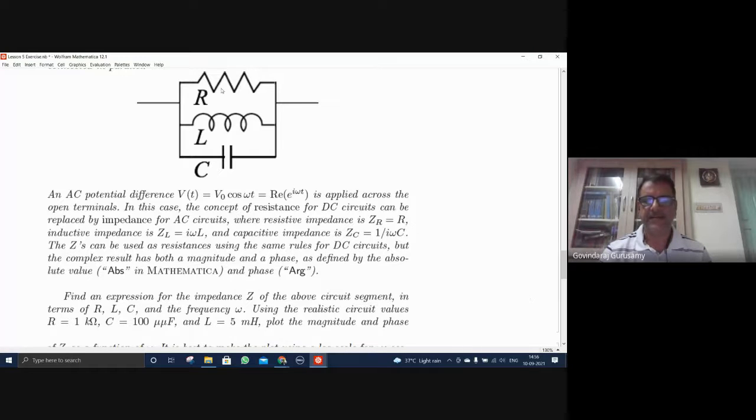Replace those R's by this ZC and ZR and ZL. That's all. That's what you have to do. That's what the information is giving.